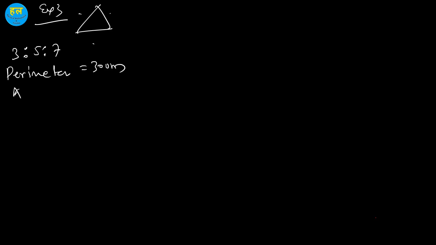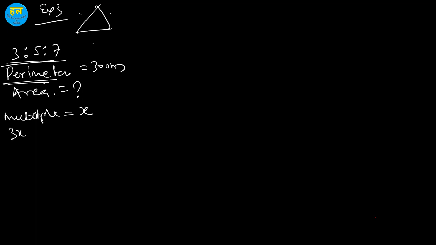We have to find its area. We already know that the sides of the triangle are in a ratio and perimeter of a triangle is sum of all the sides. Let us assume that the multiple of this ratio is x. Therefore, the sides will become 3x, 5x and 7x.